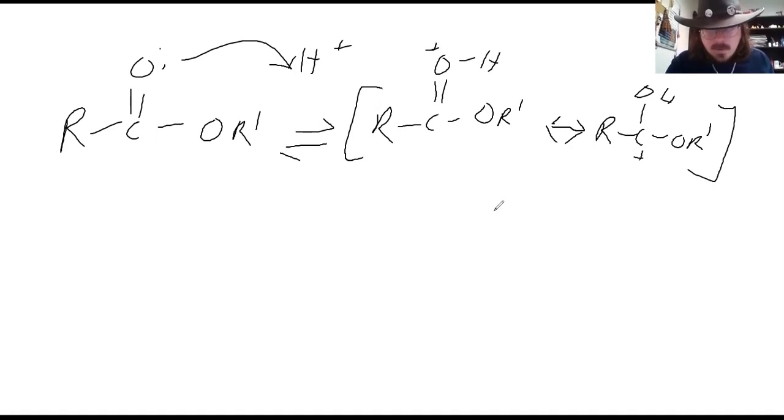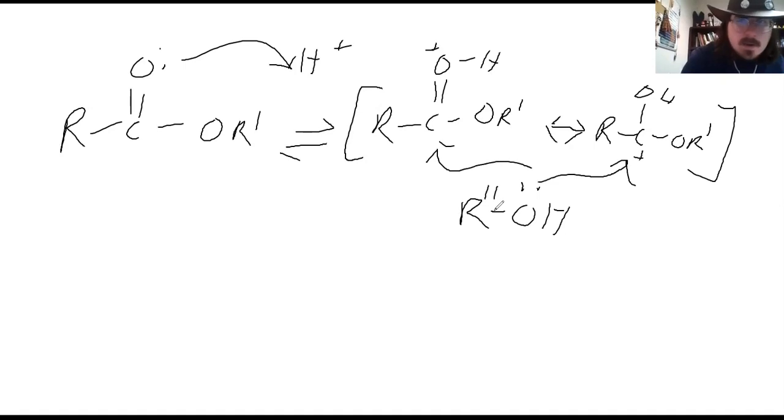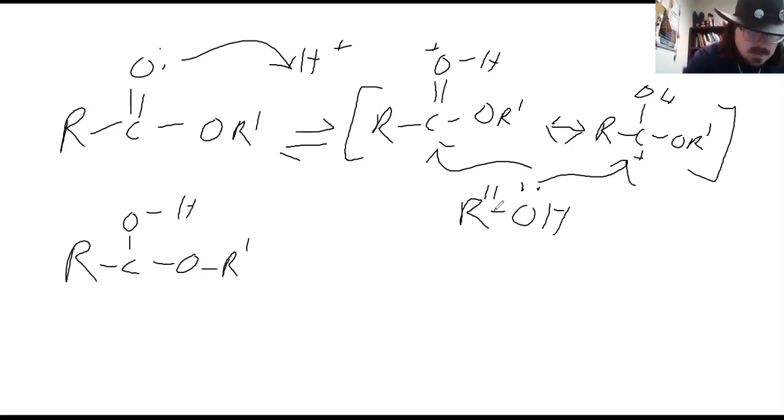Now the new alcohol is going to add to the carbonyl portion and make our tetrahedral intermediate. So R, C, O, H, O, R, H, positive.